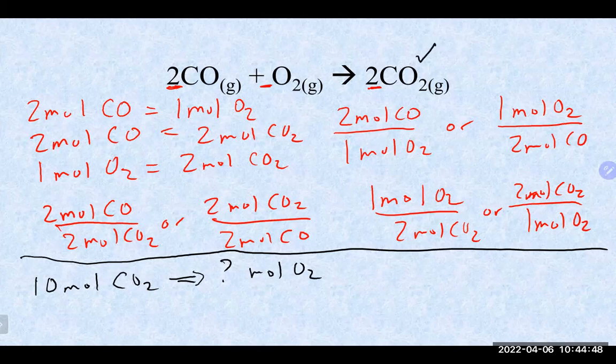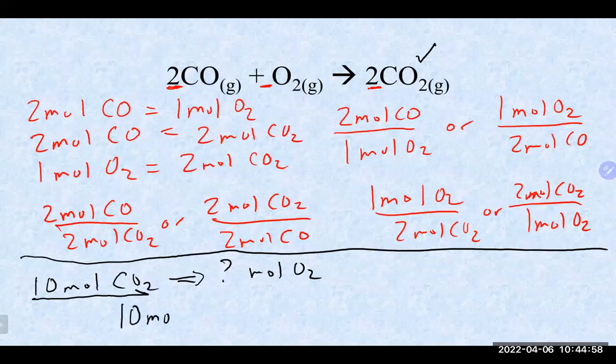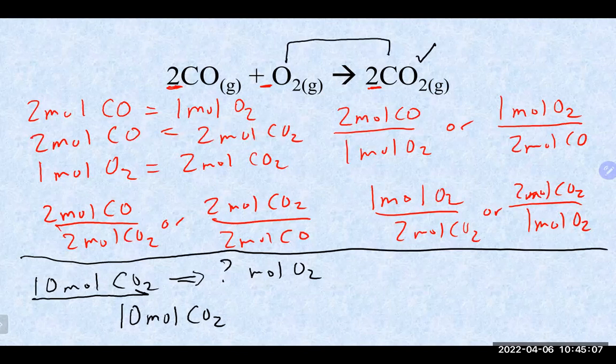So that's the first step. Whatever they gave us is already in moles. That's the second step, so we don't actually have to do it in this case. The third step, the stoichiometry step, is we take our 10 moles of CO2 that we produced, and we're interested in O2. So we want the relationship between these two, which we already saw down here.